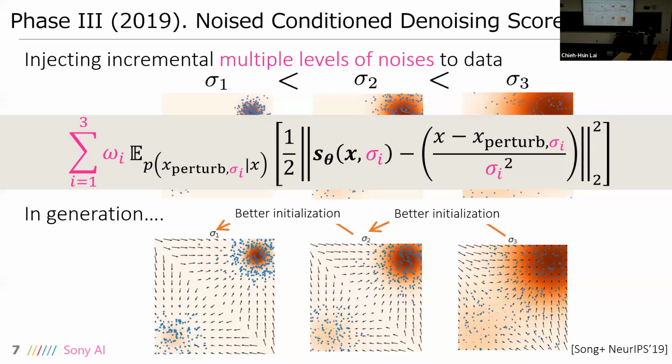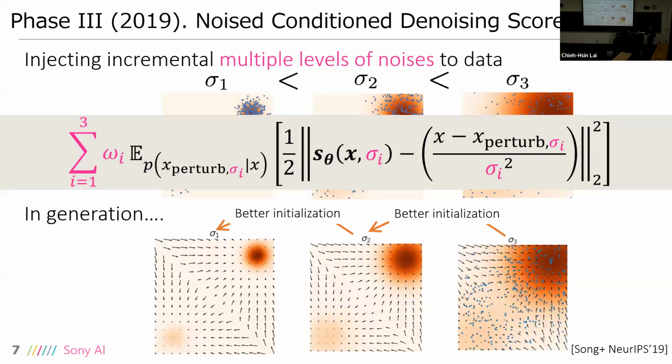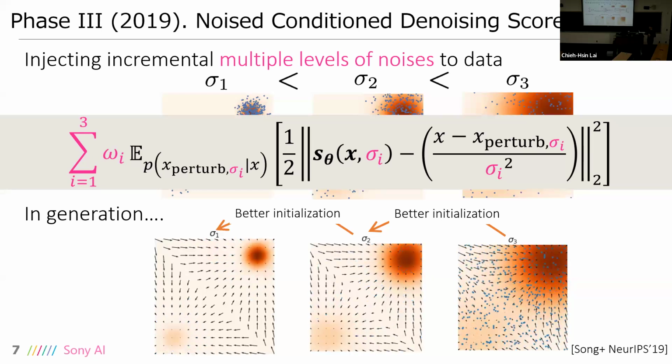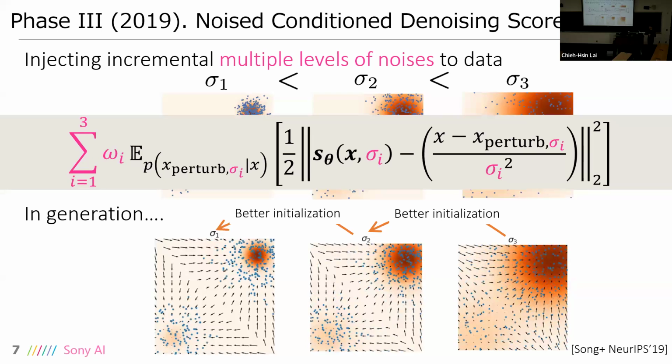With this, they empirically found that these multiple levels of noise can make the data estimation and the score estimation much more accurate.